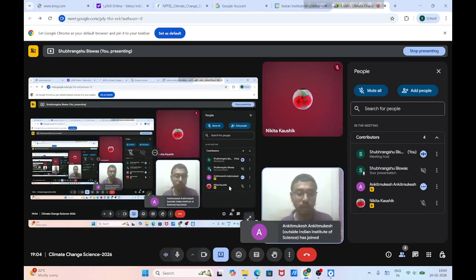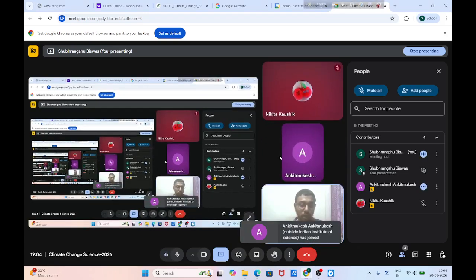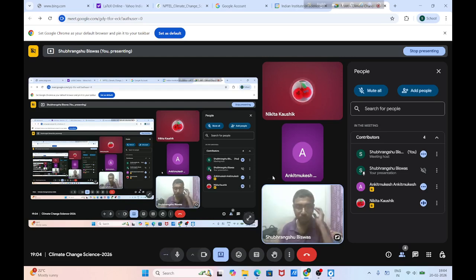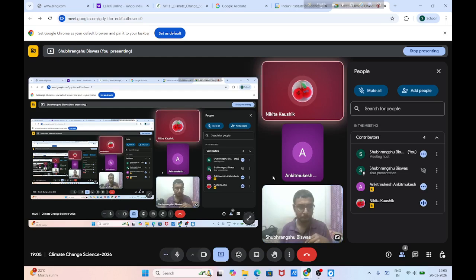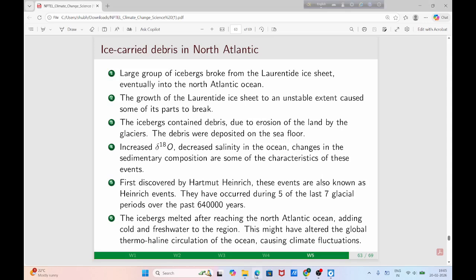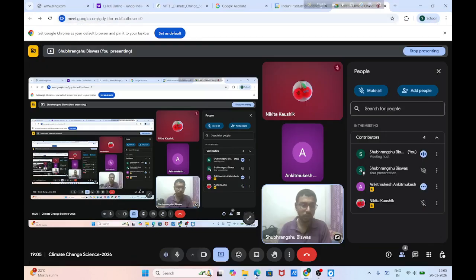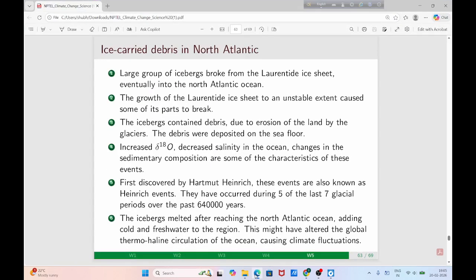If no one else is there, I will try to explain. Shall I explain the same concept in Hindi? Yes sir. I will explain the same thing in Hindi, or you understood, or shall I explain? No sir, I understand. Just for Ankit and Mukesh, I just explained the ice debris in North Atlantic. Shall I explain it in Hindi for you once, or is it fine? Mukesh is my classmate.